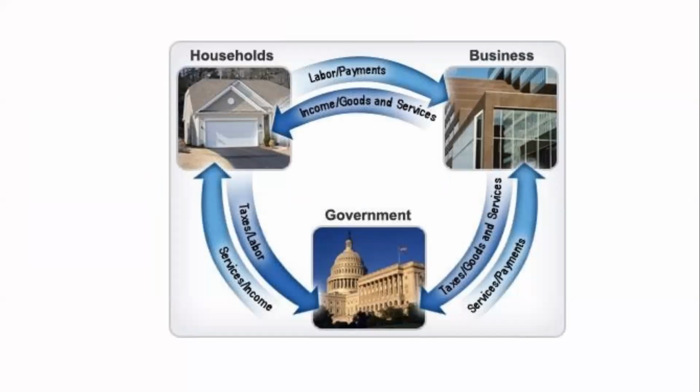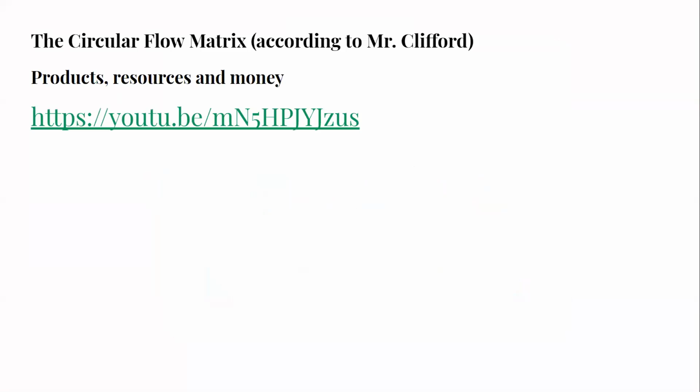You've got households, businesses, and government involved in this circular flow. Resources go one direction, payments and income go the other. Here's the direct link to that YouTube video from Mr. Clifford that we were just watching, if you want to check it out on your own.